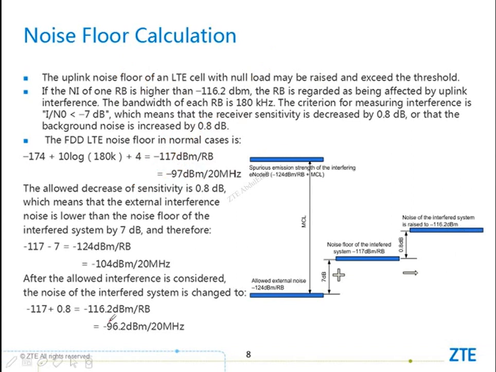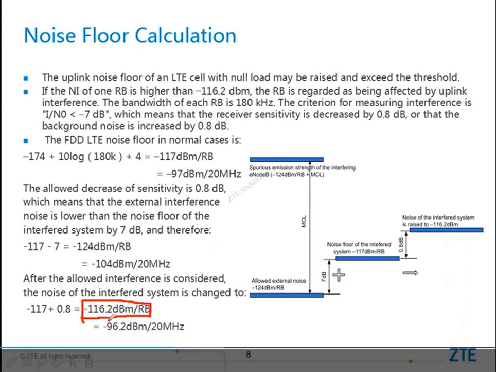According to this page, the basic value is minus 116.2 dBm per RB. So it means the noise for every RB is this value. Okay.